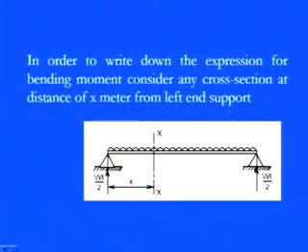In order to write down the expression for the bending moment, consider any cross section at a distance of x. Again we need to go with the same procedure which we followed for the cantilever beam. Cut the section by xx, which has the distance x from one end. So you see here the reaction forces are WL by 2, and our focus for this kind of section is this one, xx.